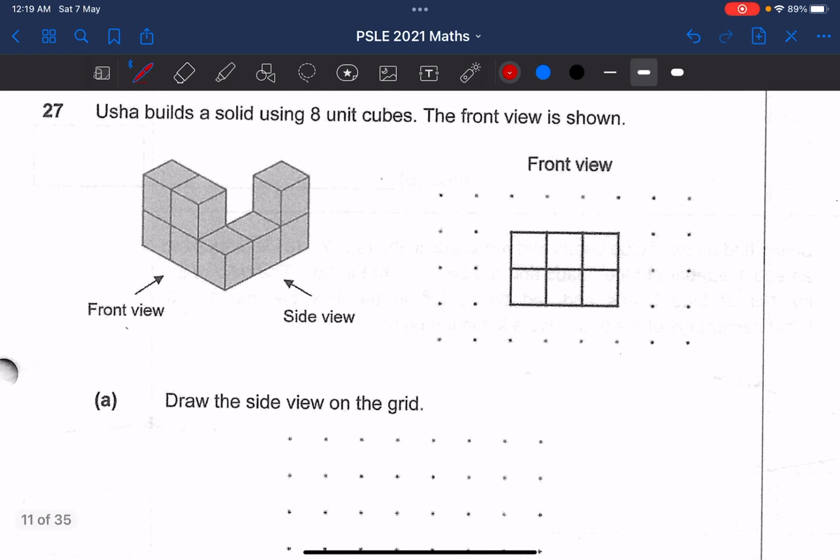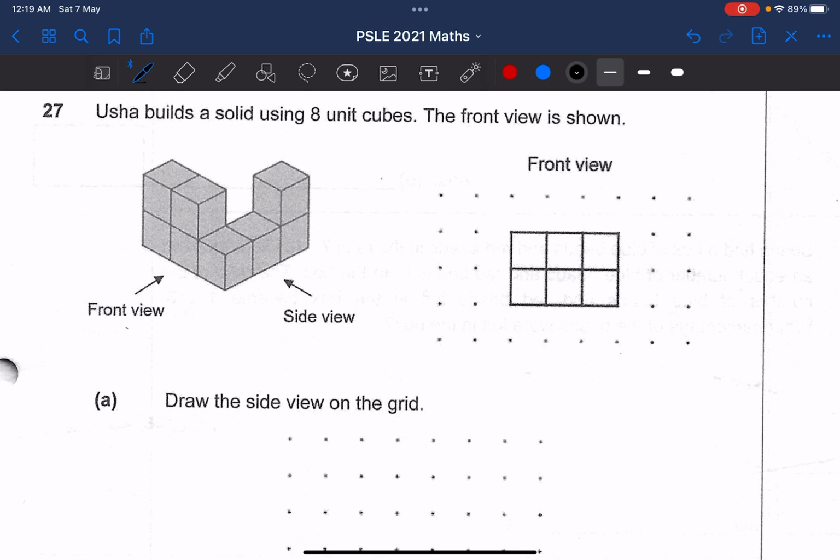You are supposed to draw the side view. Now the front view has been drawn, but since the front view is drawn, I also use this time to revise with you this views topic, because it has been a year since we learned it.